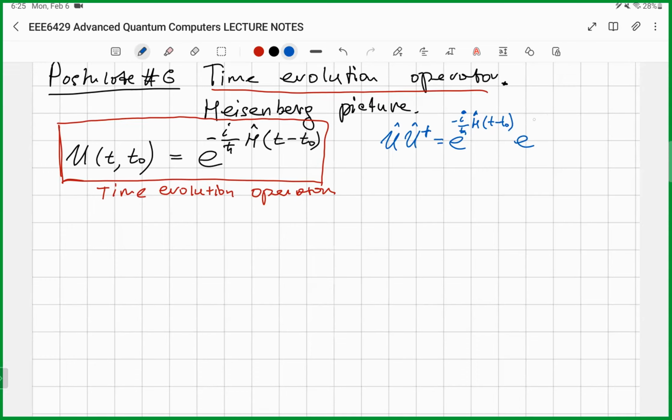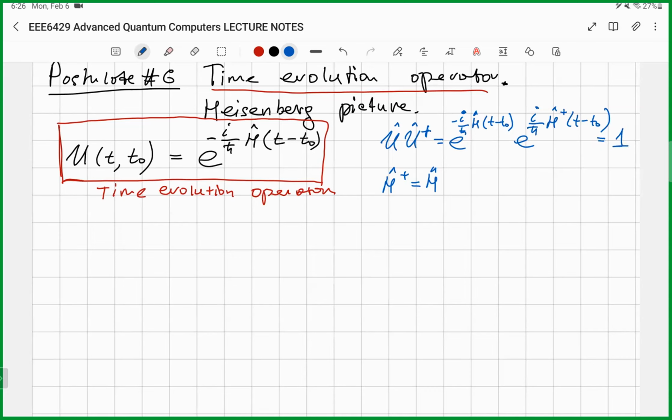So in the exponent it will be plus i over h bar H dagger, right? (t minus t sub 0). But now we recall that the Hamiltonian is a Hermitian operator, which means that H dagger is equal to H. So these two exponentials cancel out, and as a result I get 1. So this operator is unitary.